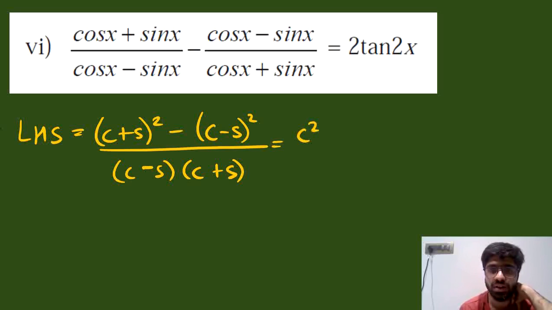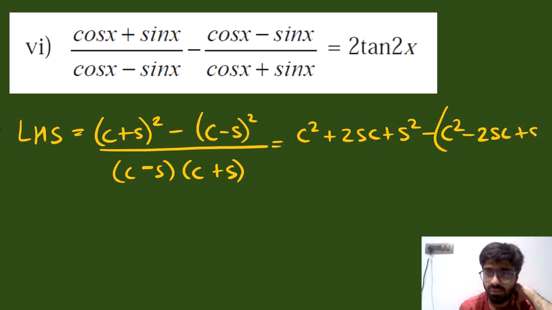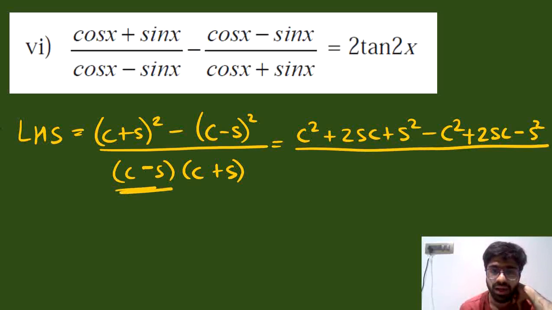So in the numerator it is cos square x plus 2 sin x cos x plus sin square x minus, when you expand the other bracket you get, I'll write that in a bracket, cos square x minus 2 sin x cos x plus sin square x. So that when you open the bracket, this will be minus cos square x plus 2 sin x cos x minus sin square x, the whole divided by a minus b into a plus b.